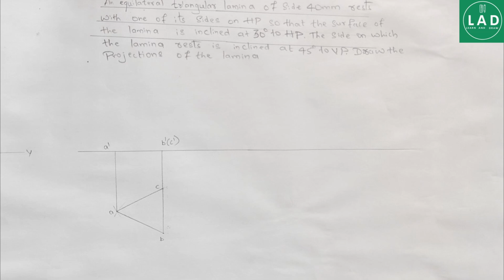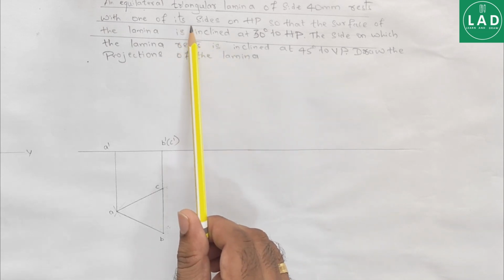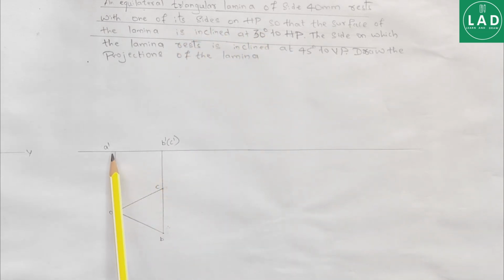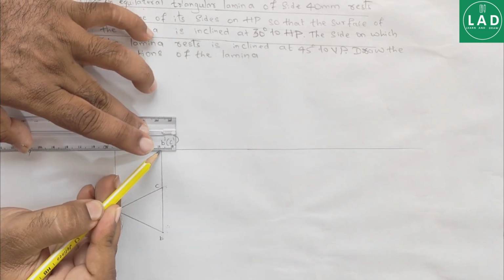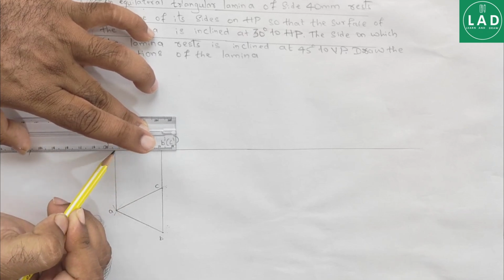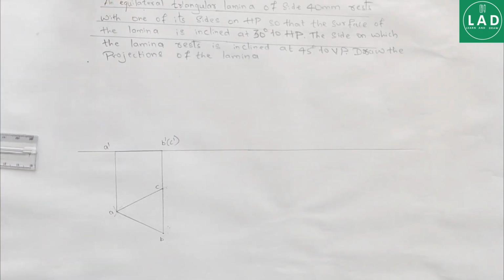Since we know that the triangle is resting on HP, we have to draw the front view on the HP, and we have drawn the sides B and C coincide at the same point, hence we should use bracket for naming C. So let's darken this. So A dash, B dash bracket C dash is our first front view.